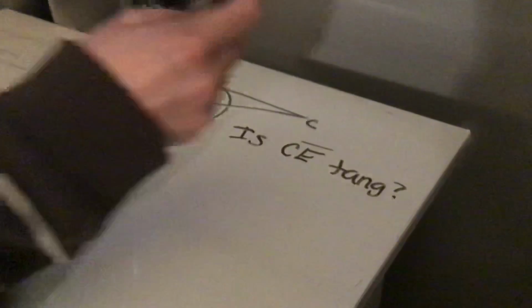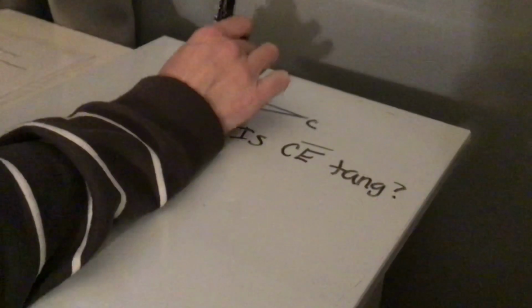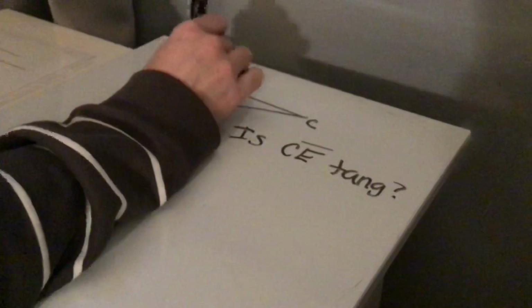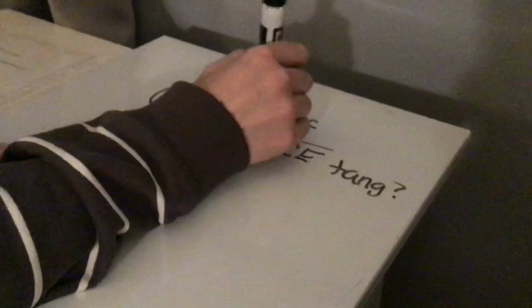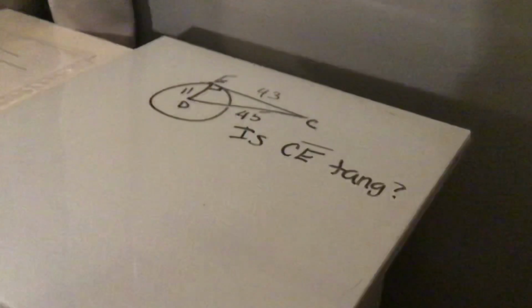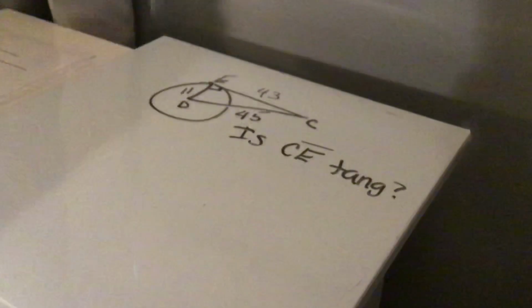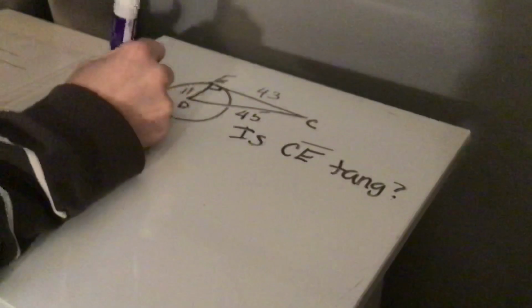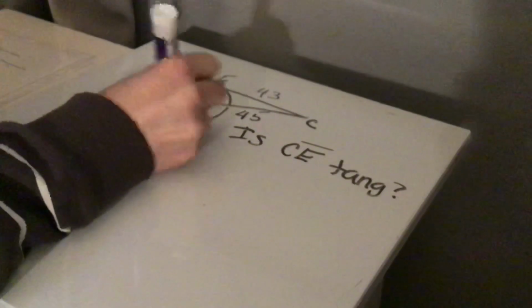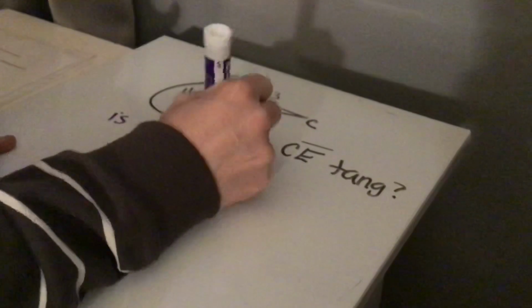So if it is, that means that this would be a right angle. So that's what we have to ask ourselves to answer this: is CE perpendicular to DE?